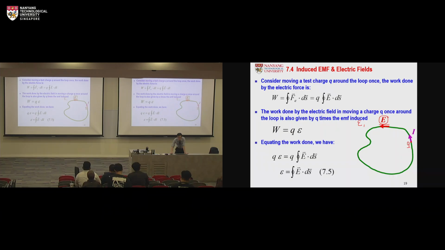Then for this charge making one loop, the work done by the electrical force should be ∮Fe·ds, right? And Fe equals Q times E. Nothing special so far. We can also write down the work done by the force in terms of the potential difference, which is this one.